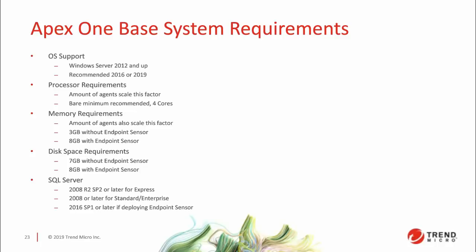And then the SQL Server, this has been a point of matrix, really. But I tried to simplify it here. So if you're using SQL Express, R2 SP2 or later; if you're using a standalone or standard or enterprise going forward, 2008 or later; and then 2016 SP1 or later for endpoint sensor.